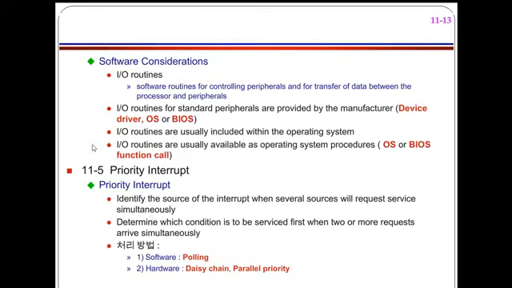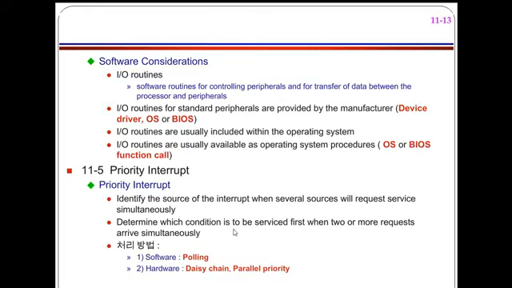Now, whenever we go with interrupts, generally we have two different types of interrupts. One is your hardware interrupt, and the second one is your software interrupt. What do you mean by software interrupt? Software interrupts are those interrupts which occur during the program execution.